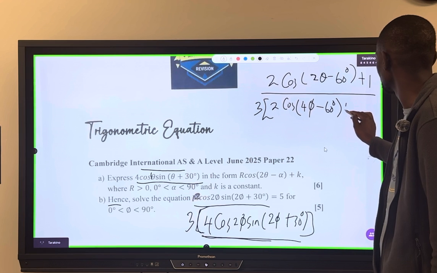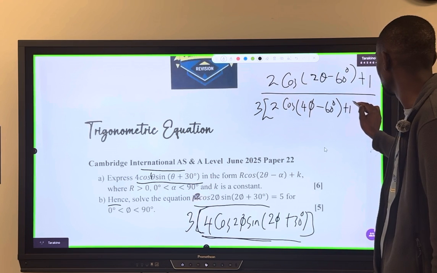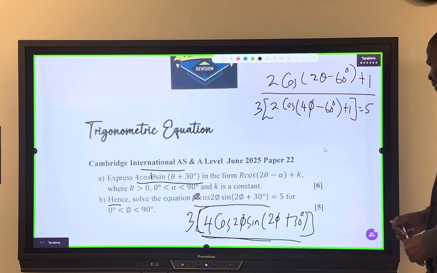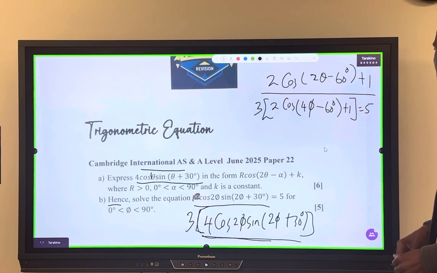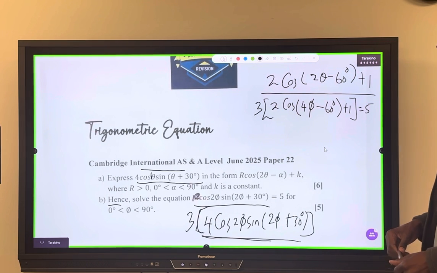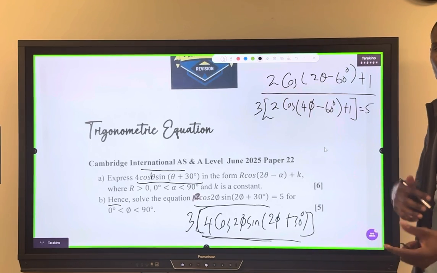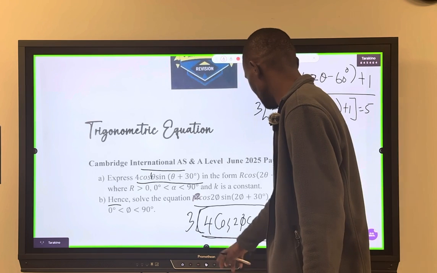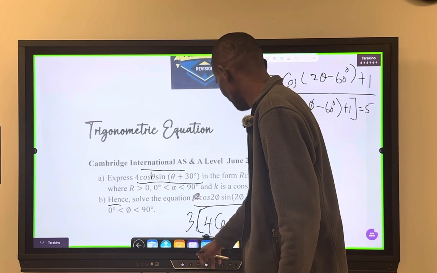Then plus 1 here equal to 5, because we are trying to solve that equation. Then from there, we can divide by 3 both sides, we subtract 1, we then divide by 2. So we can solve that equation. So let's see how we can go about that one.